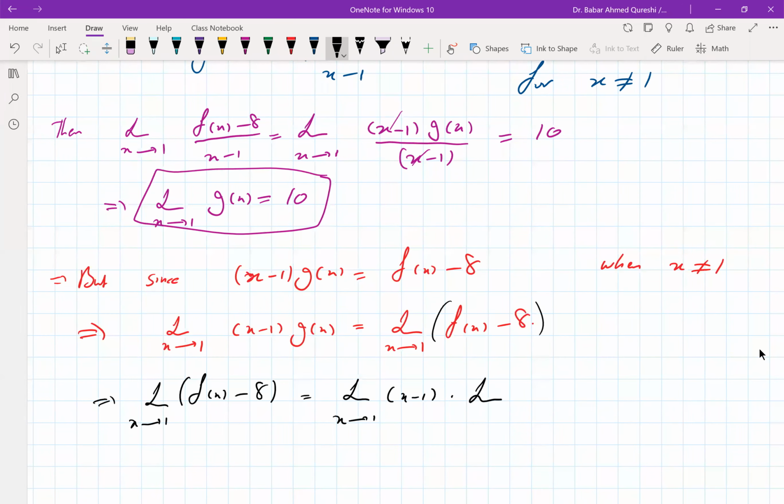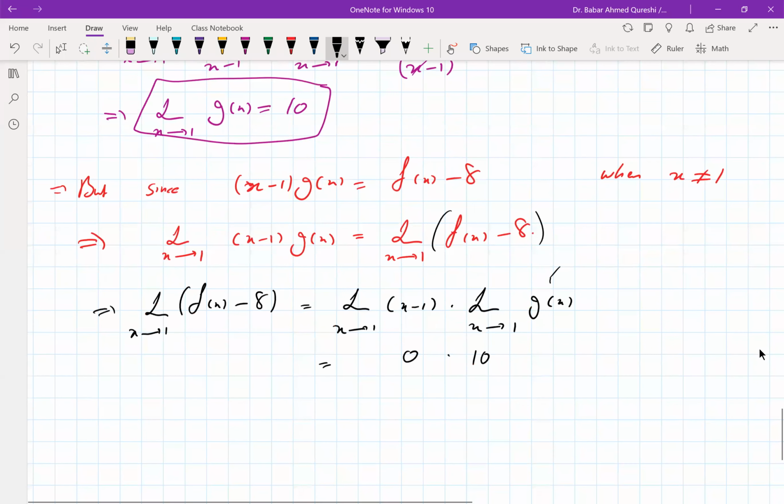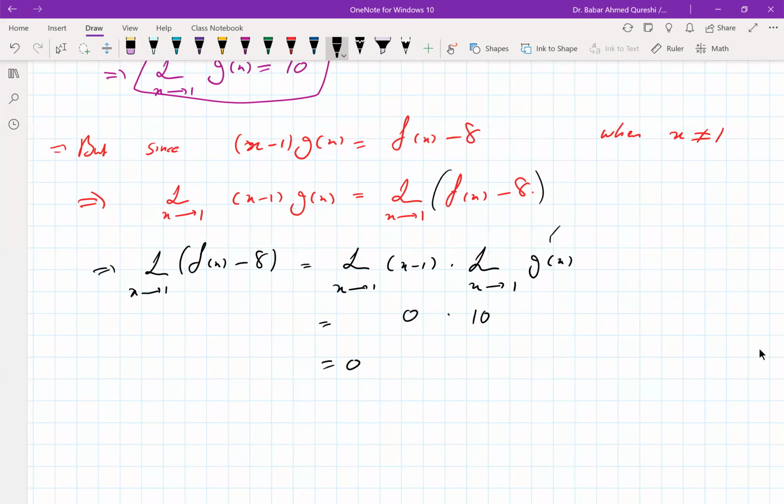And by the product rule, this is equal to this. This we just found is 10. And this we can find by plugging in because it's just a polynomial and nothing blows up at x equal to 1. So this is 0. So this limit is 0.